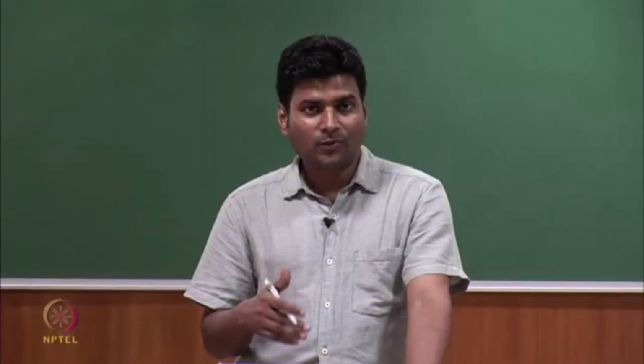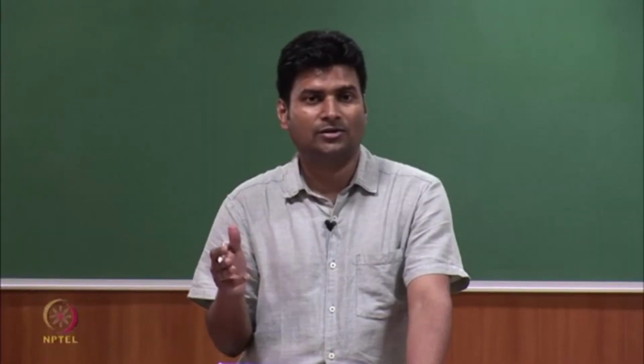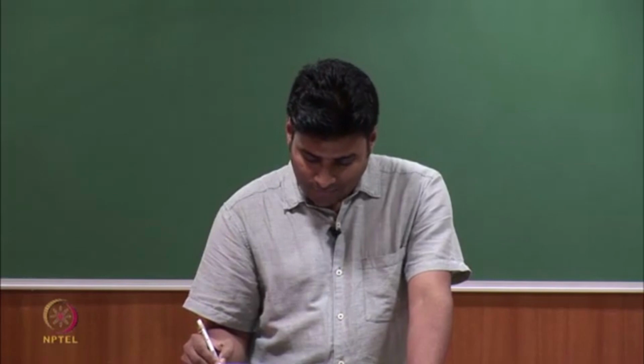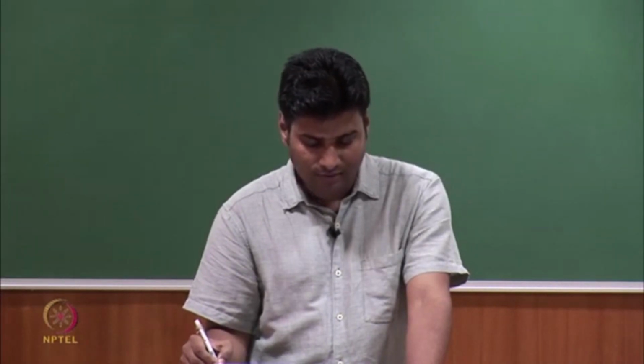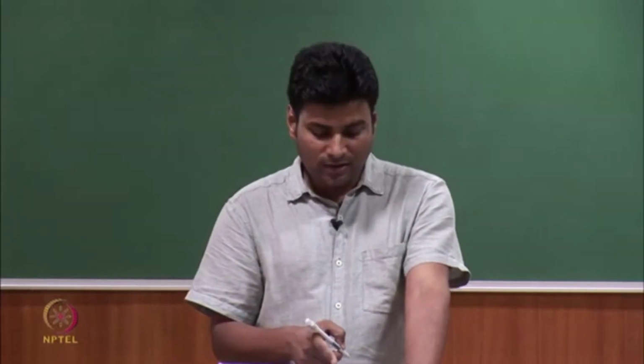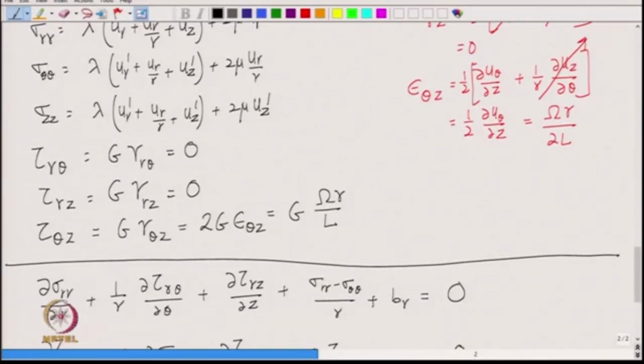Now, what are the things which we can say is directly 0? You see, from our strain matrix and then we also found out the stress matrix, we can see that tau r theta and tau r z are completely 0. And what about the non-zero stress components? So, they are only functions of r and z, none of them are functions of theta.